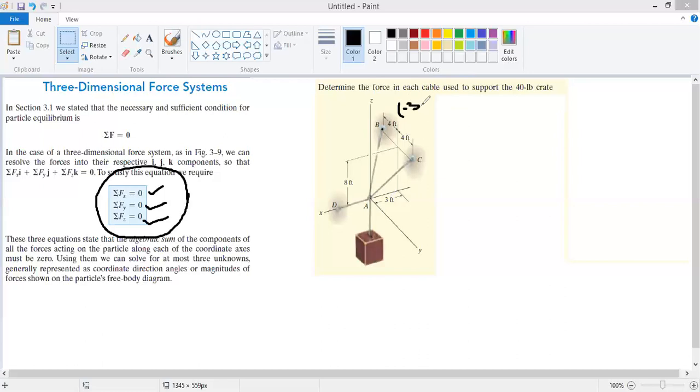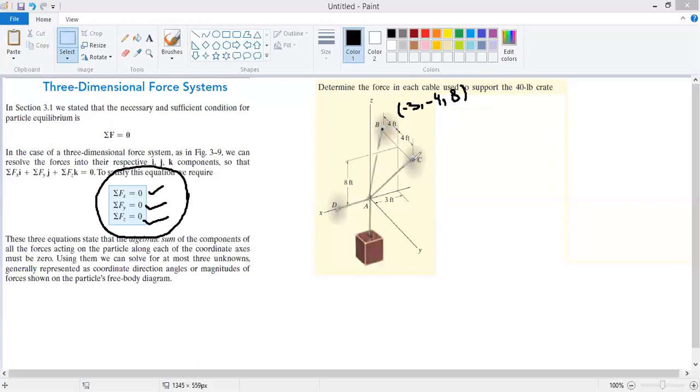And as far as the y-axis is concerned, you have to move along -y-axis, so its coordinate is -4. And as far as the z coordinate is concerned, the z coordinate is 8 feet, okay. So these are the coordinates of this point B.